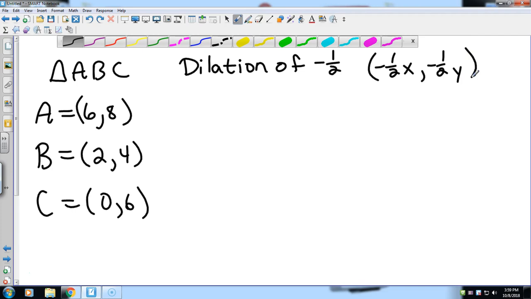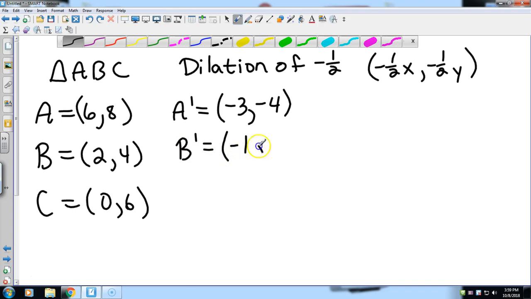So basically what I'm doing is I'm taking half of it and then I'm changing the sign. So that's going to make my A prime, half of that 6 is 3, and I'm going to change the sign, so that's going to be negative 3. Half of the 8 is 4, change the sign, negative 4. And do the same with the B. Half of 2 is 1, I make that negative 1. Half of 4 is 2, I make that negative 2.